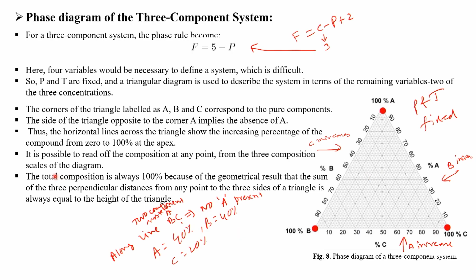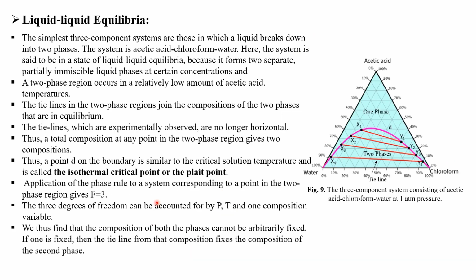The total composition is always 100%. If you add them, 40 plus 40 plus 20 is 100%, because of the geometrical result that the sum of the three perpendicular distances from any point to the three sides of the triangle is always equal to the height of the triangle. Next we discuss liquid equilibria.